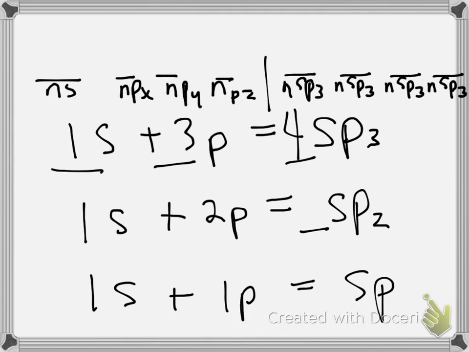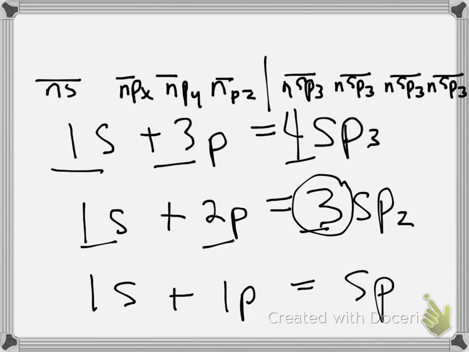So how many orbitals do you form when you form an sp2? 3. Do you see why? 1 plus 2 equals 3. How many orbitals do you get when you form an sp hybrid? 2. Okay.